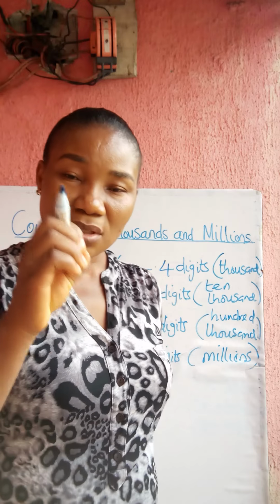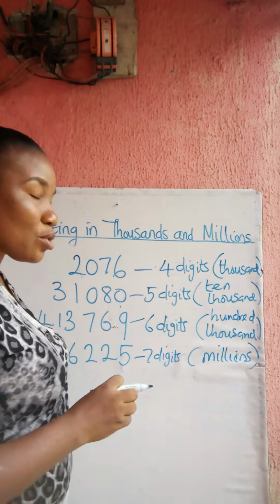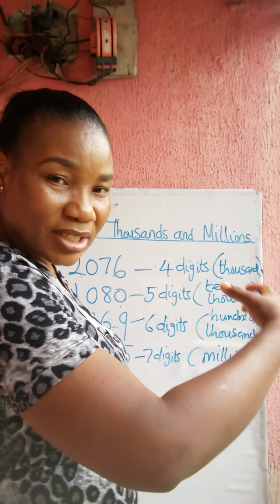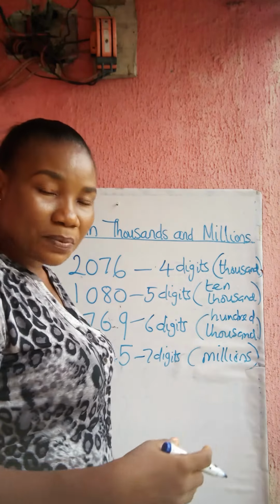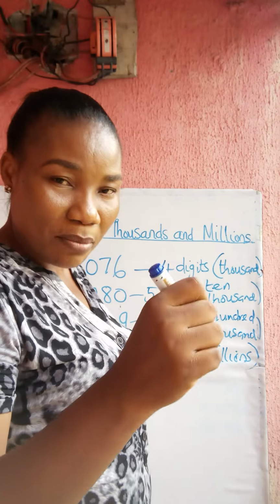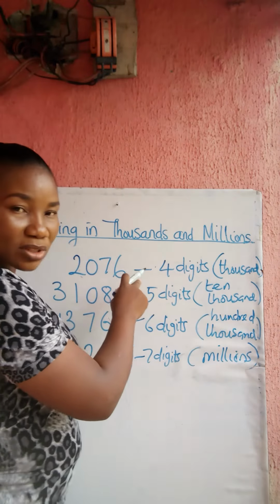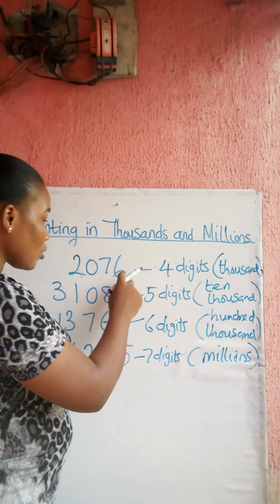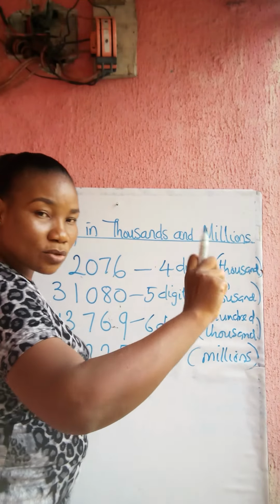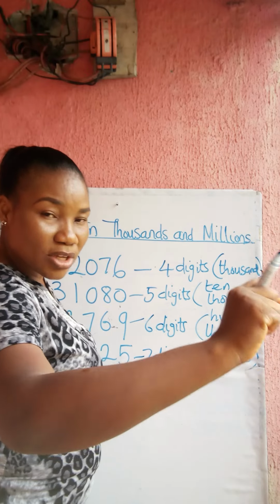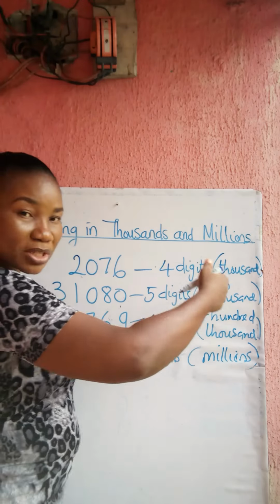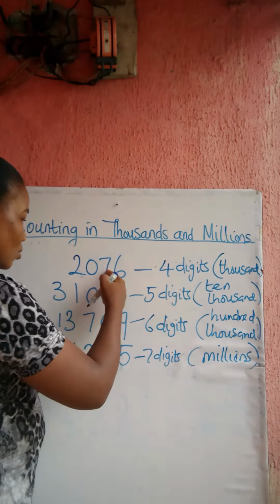Now another way to read your large number is by grouping it. You group it in 3s, beginning from the unit side. Then you separate it using your comma. Let's go back to the first example. There are 4 digits here. Let's group it beginning from the unit: 1, 2, 3.